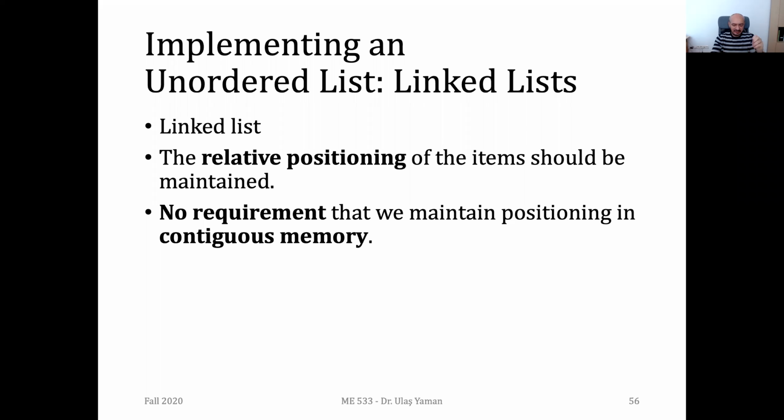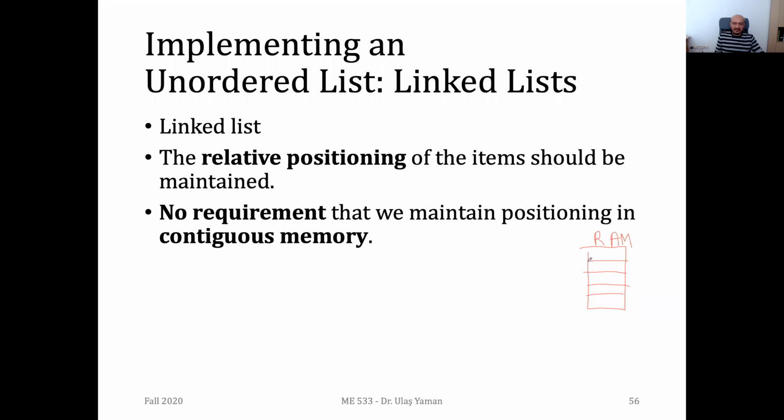Another issue is that you don't need to actually reserve a continuous memory. Assume that this is your RAM block, random access memory block. You have such slots, memory addresses for your values.